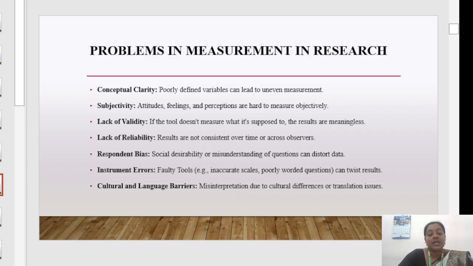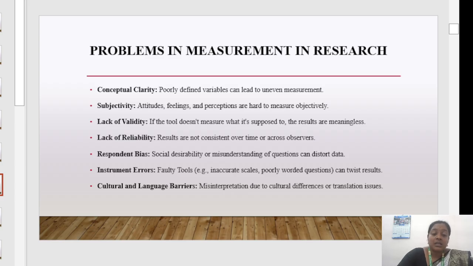Another problem is respondent bias, where participants may provide socially desirable answers instead of expressing their true opinions. Researcher bias can also influence measurement when personal beliefs or expectations affect the design or interpretation of measurement instruments.